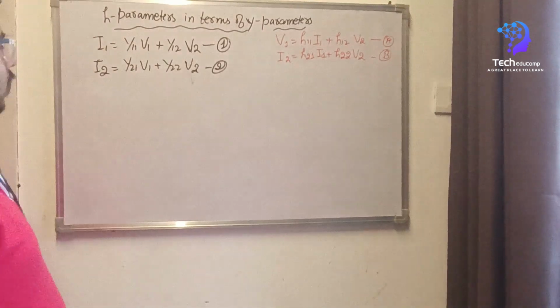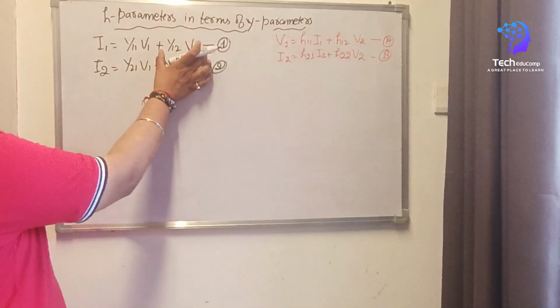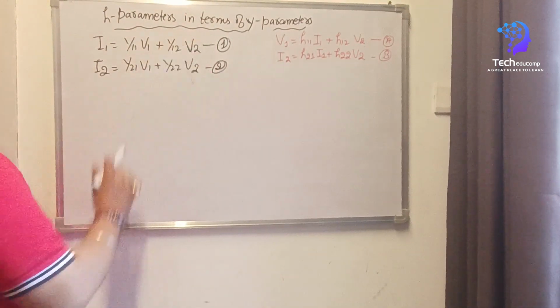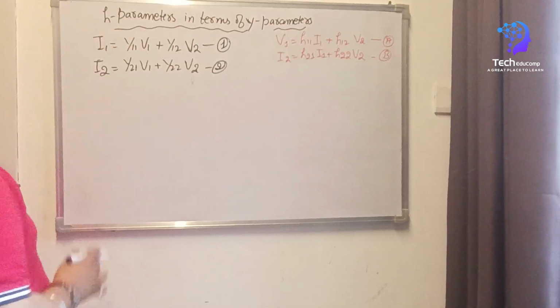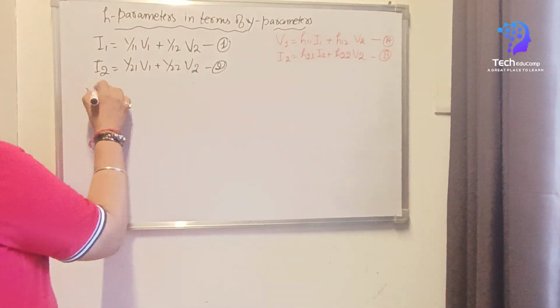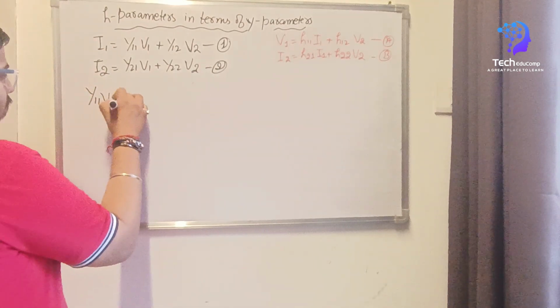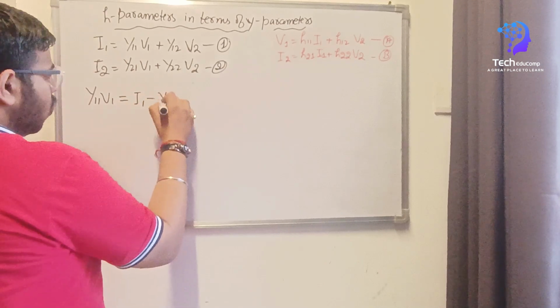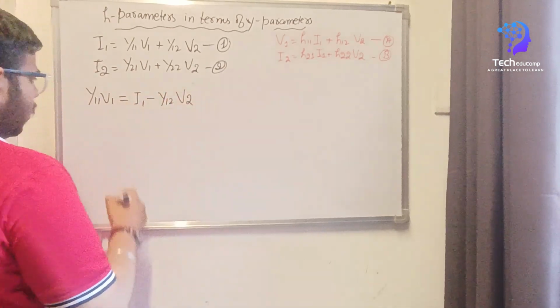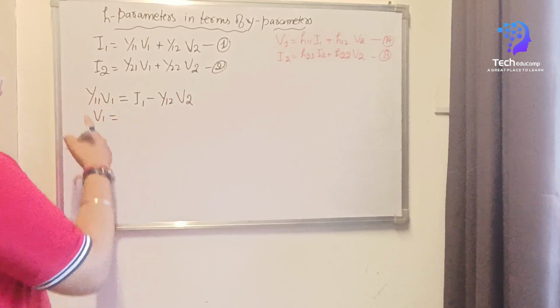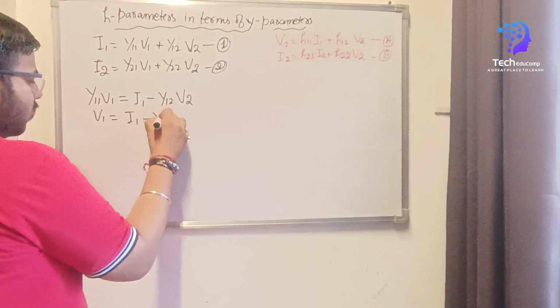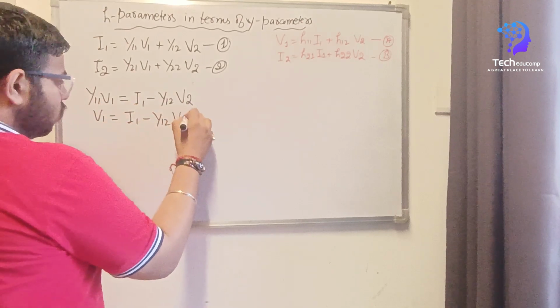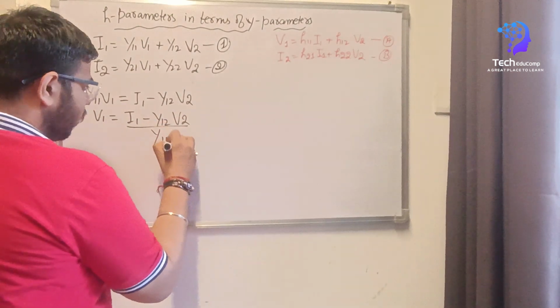Just take this term to the left hand side, then it will be Y11 into V1 equal to I1 minus Y12 into V2, then V1 equals I1 minus Y12 into V2 divided by Y11.